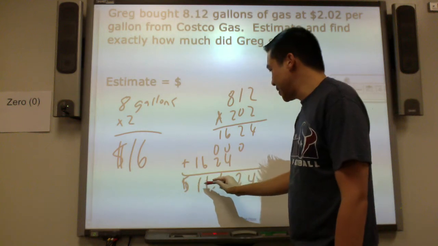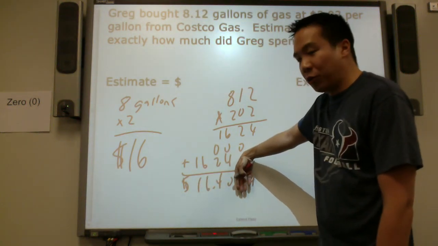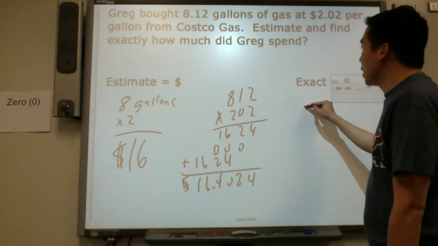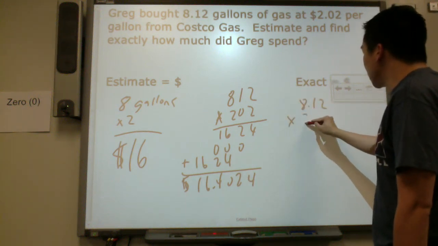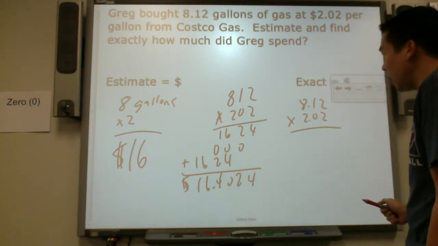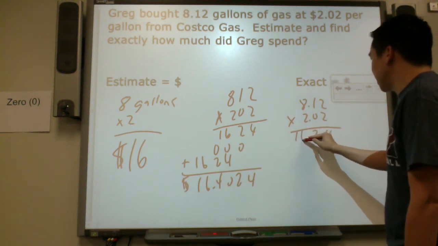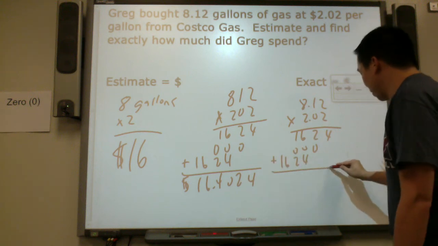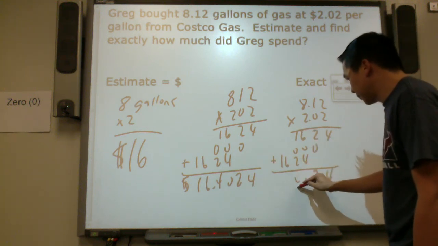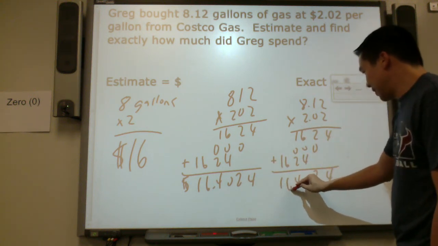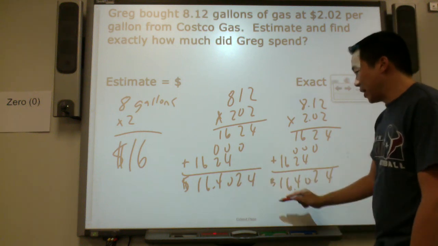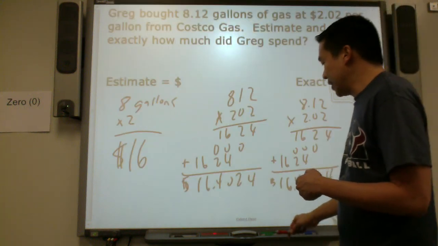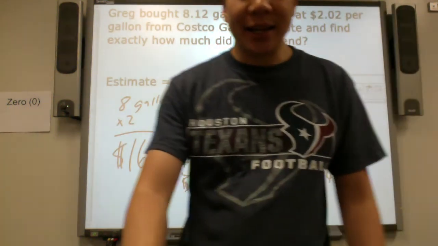So about $16.40, which is a good estimate. Some of you are going to say, but Mr. Joe, my teacher told us to line it up. All right, let's line it up. If you add this up, 4 places, same exact answer. So about $16.40. And this is the study of how to multiply decimals.